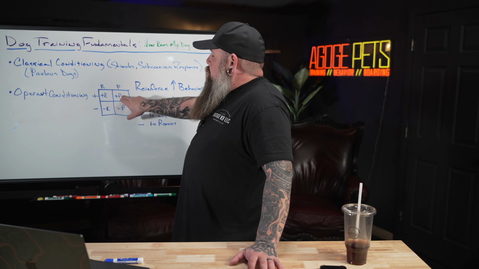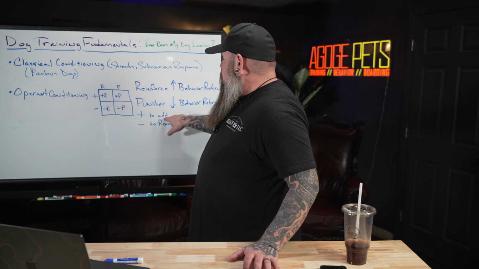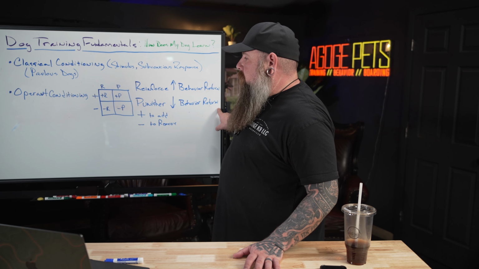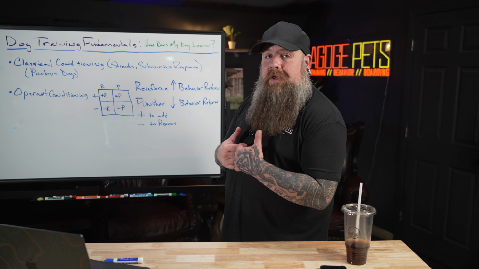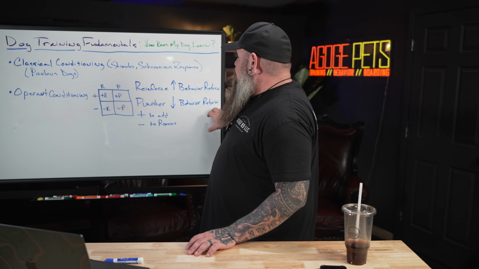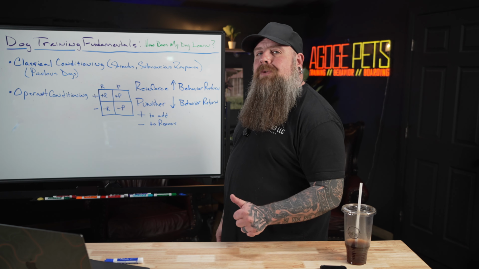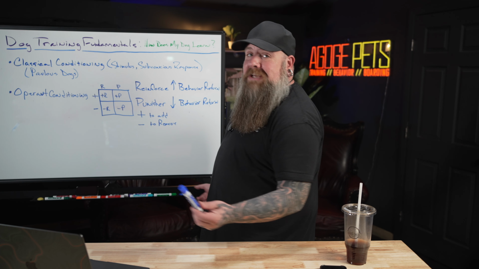On the flip side, positive punishment means to add something that decreases the likelihood of the behavior returning. Negative punishment means we would remove something to decrease the likelihood of a behavior returning. And negative reinforcement means we're going to remove something to increase the likelihood of a behavior returning.